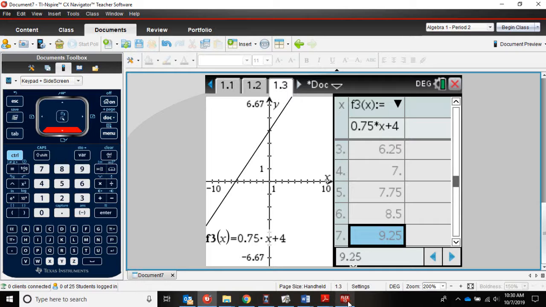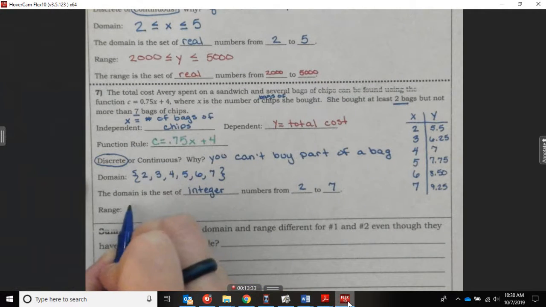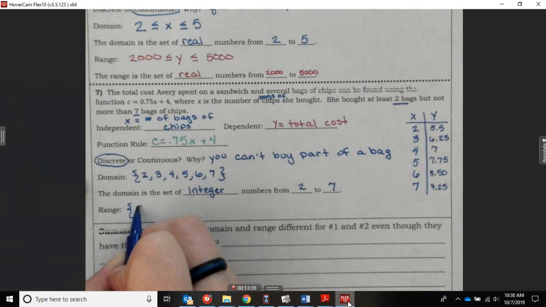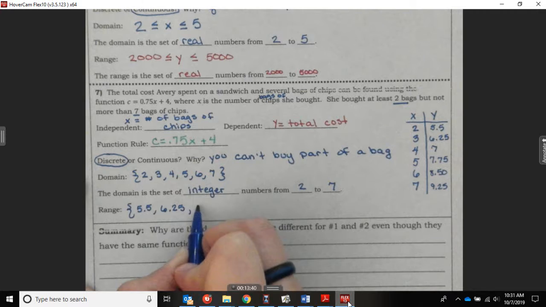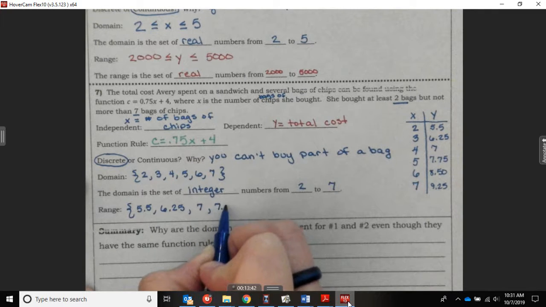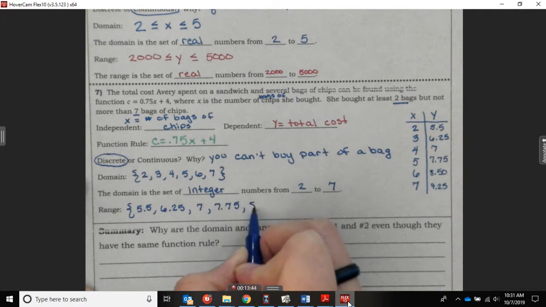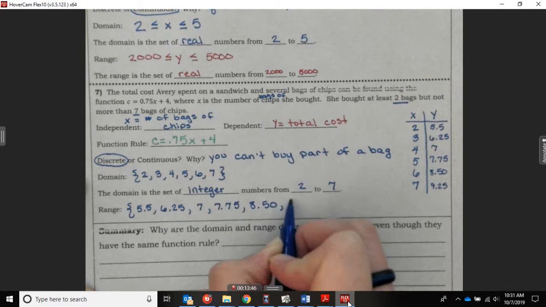And so I use my calculator to figure out those answers. And then I'm just going to write my range as a list, and I'm just going to rewrite those numbers. So the table is just there to help you figure out what it is that you are looking for, and your calculator will give you those numbers.